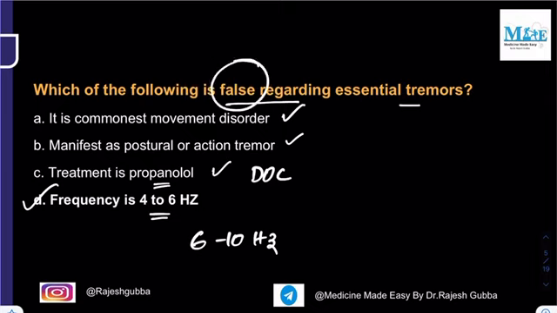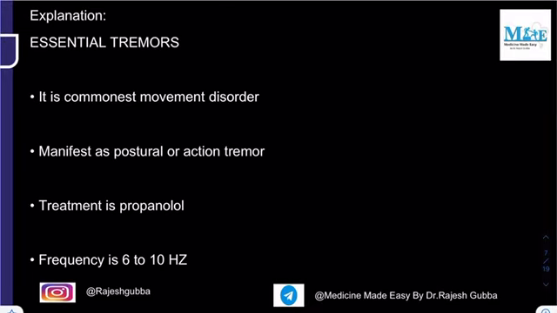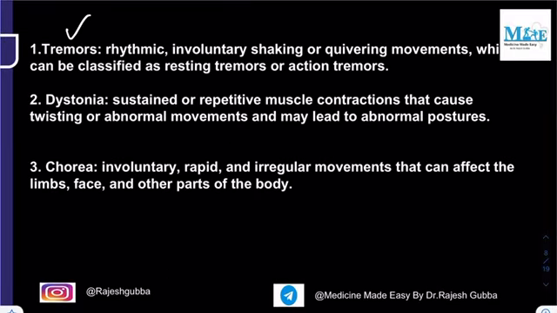Now take the various movement disorders. Tremors are rhythmic, involuntary shaking or quivering movements. Next is dystonia, due to sustained or repetitive muscle contraction that causes twisting, abnormal movements or abnormal posturing. Then chorea, where there are involuntary, rapid, irregular movements that affect the limbs, face, and other parts of the body.